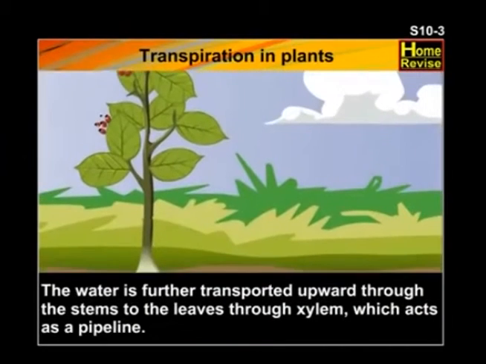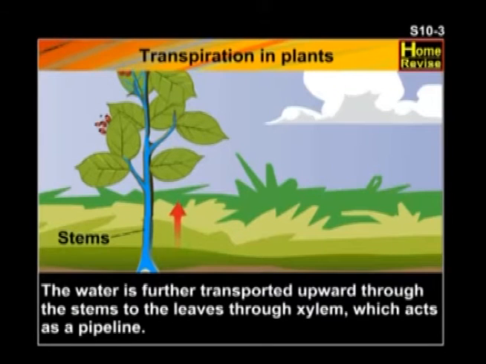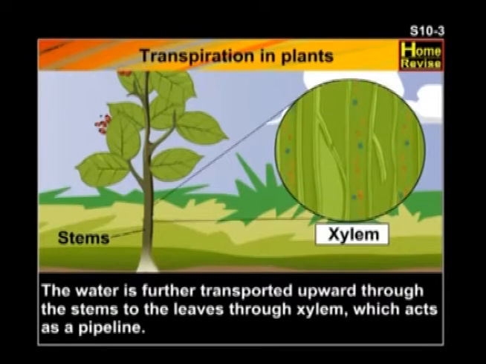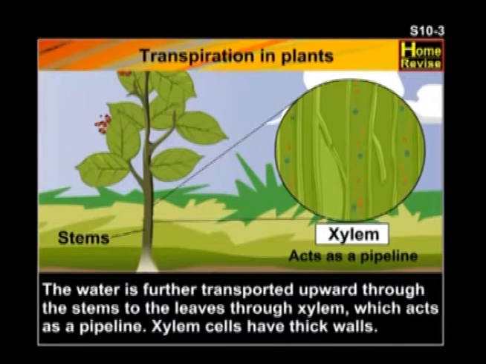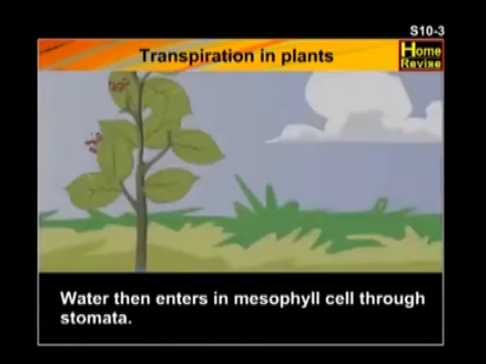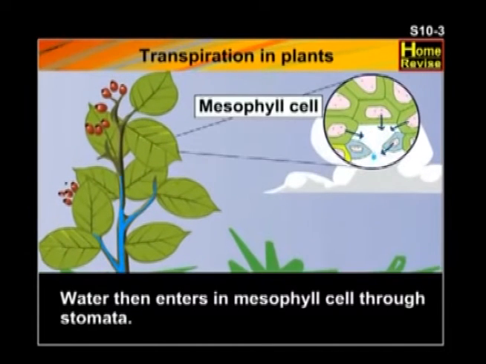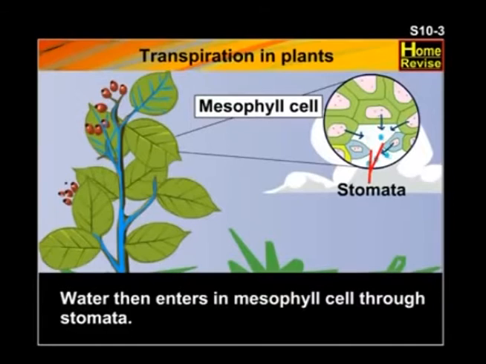The water is further transported upwards through the stems to the leaves through xylem, which acts as a pipeline. Xylem cells have thick walls. Water then enters the mesophyll cell through stomata.